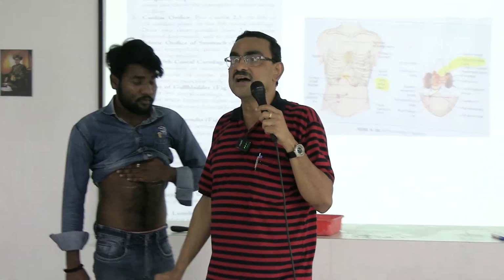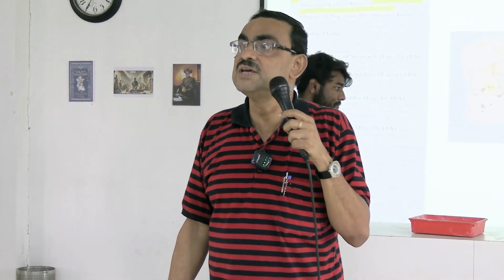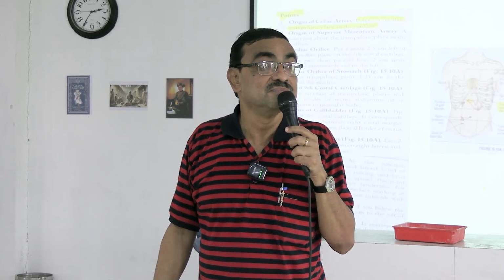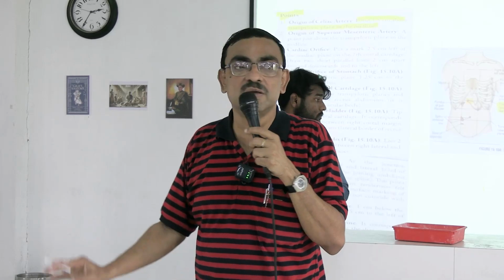The celiac axis is at the T12 level, at the 12th thoracic vertebra level, just at the lower border of the T12 vertebra. And there are three branches: left gastric, splenic and common hepatic.